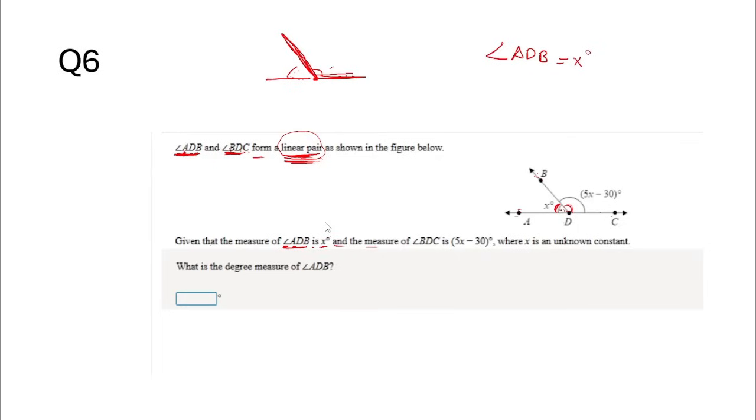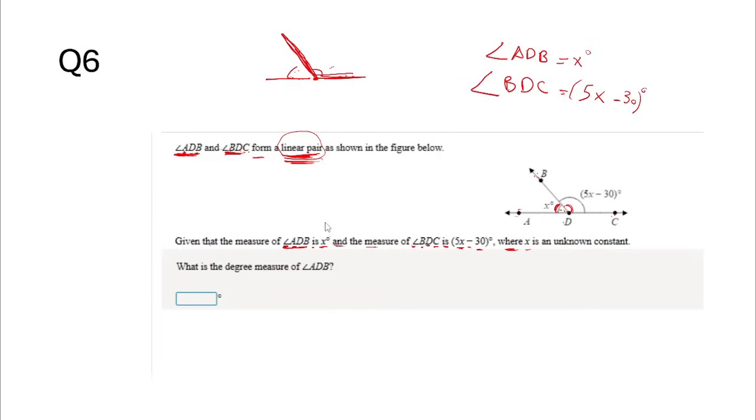And the measure of angle BDC is 5x minus 30 degrees.